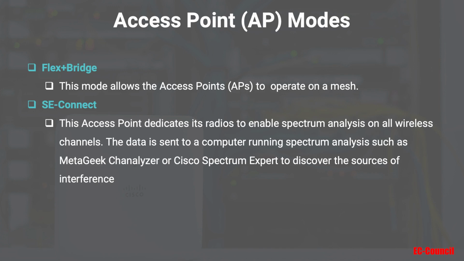FlexBridge simply allows the access points to operate in a mesh-like infrastructure. So each access point is connected to every other access point within the network. SE-Connect allows the access point to dedicate its radios to enable spectrum analysis on all wireless channels.